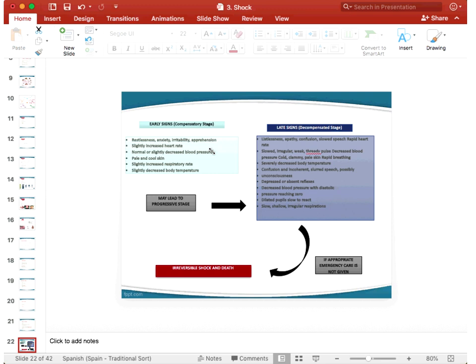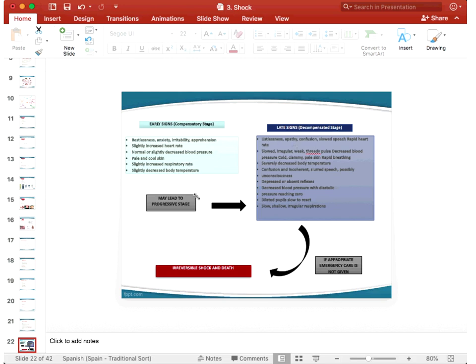Let's say 98, 96. It is within the normal range, but it's the tendency to have it, like tachycardic, but not quite. So these are the early signs. We may look, or they can be overlooked.